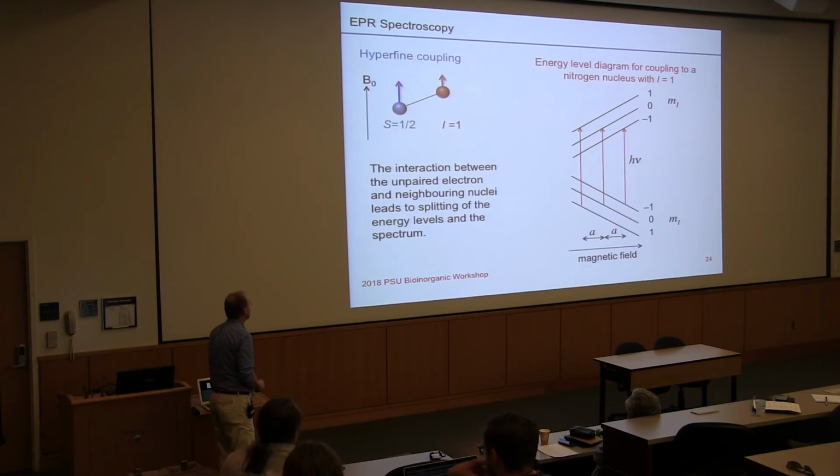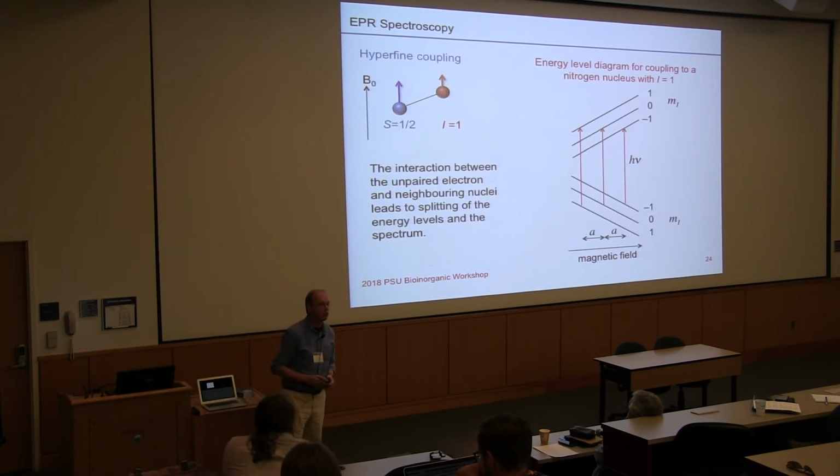Okay, so anyway, the g value is the first parameter which determines EPR spectra. The other interaction which is extremely important is hyperfine coupling, where the unpaired electron interacts with nuclei which have nuclear spins in the vicinity. What this does is, for each of the m sub s levels, so for each possible orientation of the electron spin, the nuclear spin can take on different possible orientations.